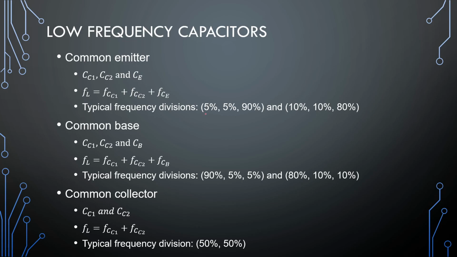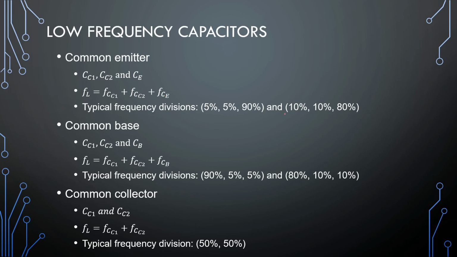If you're doing a design, then each one of the capacitors has a contribution of the frequencies, and for a common emitter it's typical to have 5%, 5%, and 90%. So if it's 100 hertz, this would be 10, 10, and 80, and for the 5, 5, 90, it would be 5 hertz, 5 hertz, and 90 hertz.